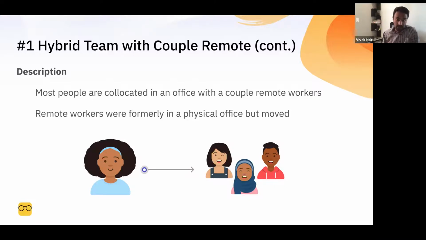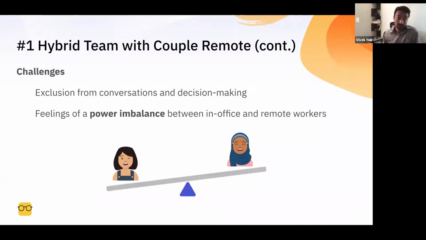And of course, the main HQ wanted to retain them because they're excellent employees. So that's what we see as the most common example of this sort of team structure.